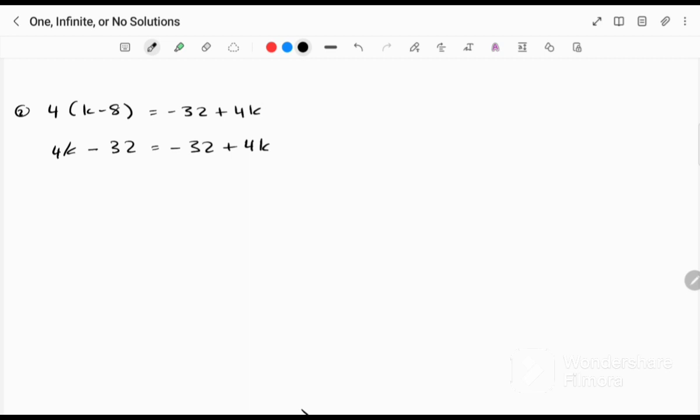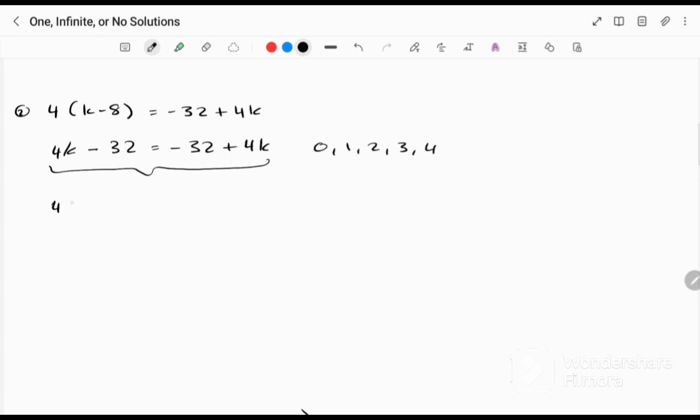Both sides of the equation are equal. If I place any value for k, be it any number from 0, 1, 2, 3, 4, and so forth, this statement is going to be true.